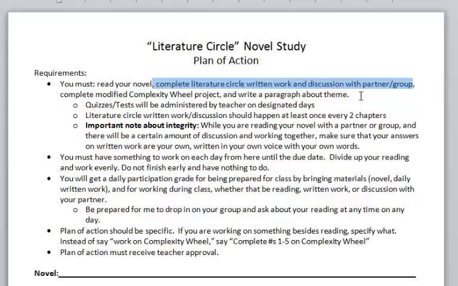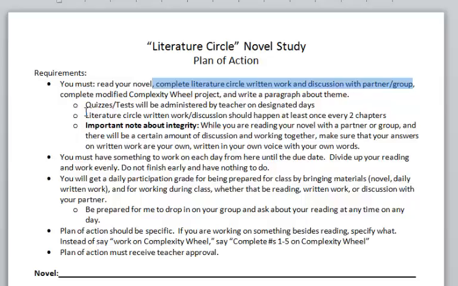You are not required to have written work or discussion every single day. And part of the reason for that is because you may be reading as little as 6 pages of your novel. So I'm not going to require that you do each of the roles and the written work and the discussion every day.